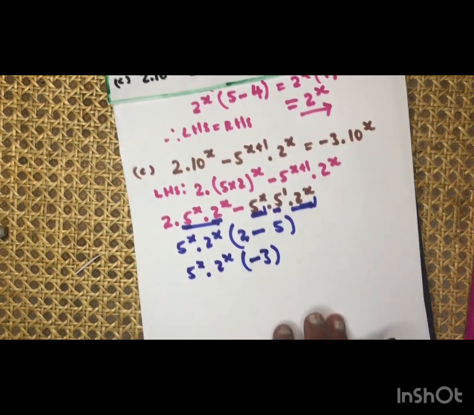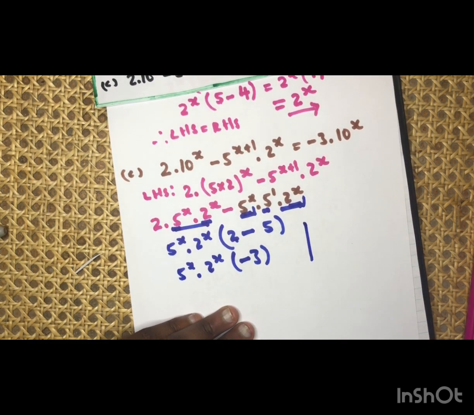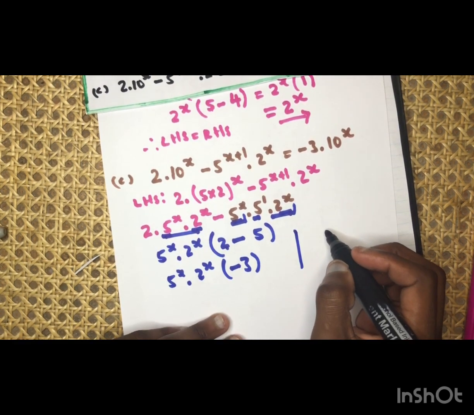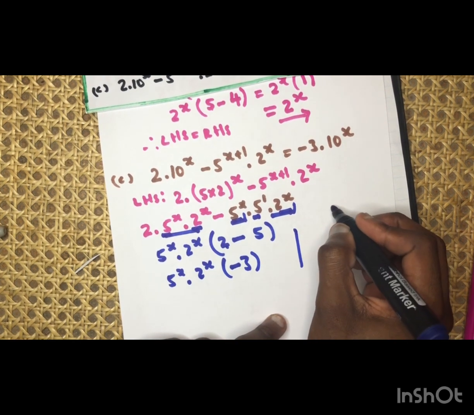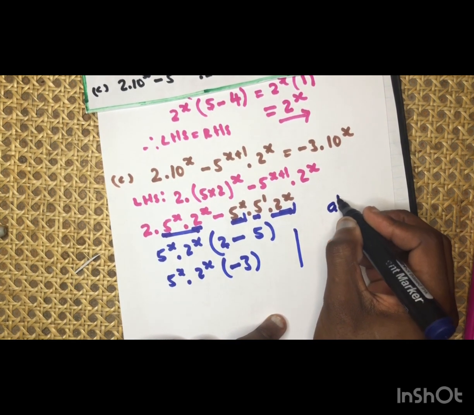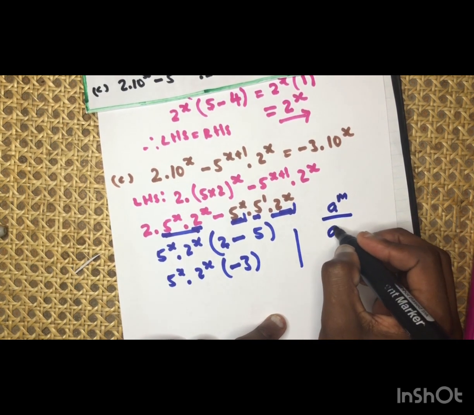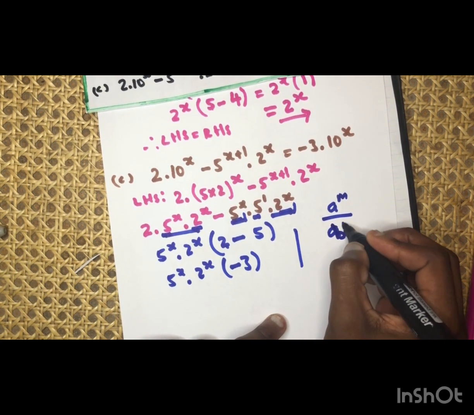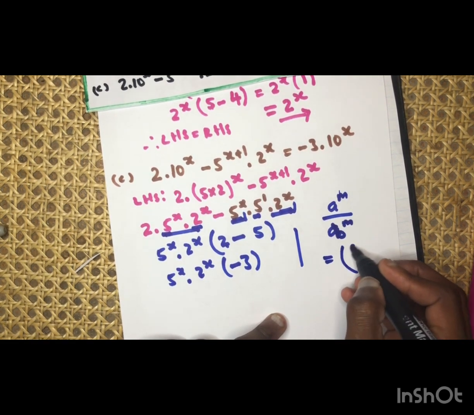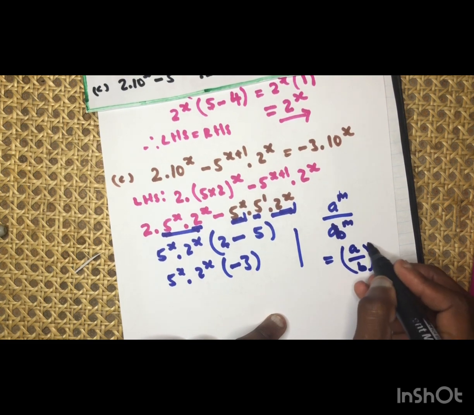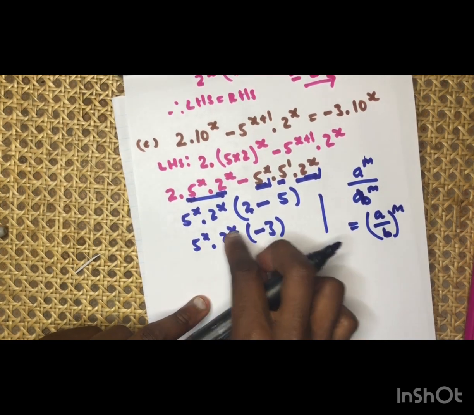Now we need 10. So remember, guys, the laws of exponents, which we covered in the first video, say that if I have a to the power m over b to the power m, where the exponents are the same, this is the same as a over b all raised to m. So here, guys, the exponents are the same.